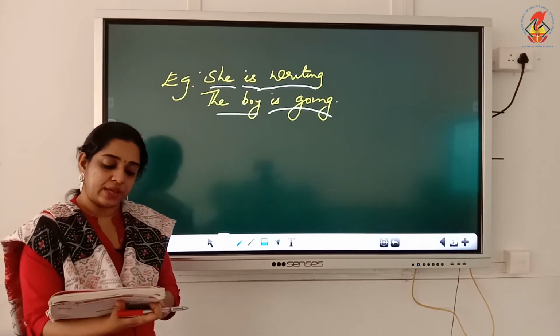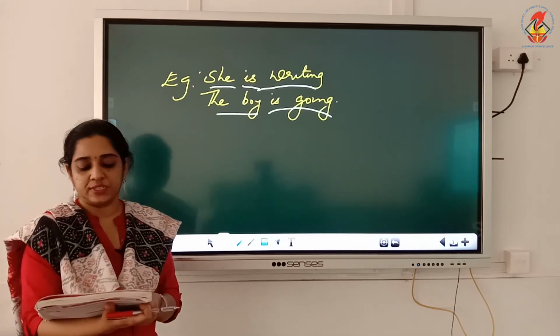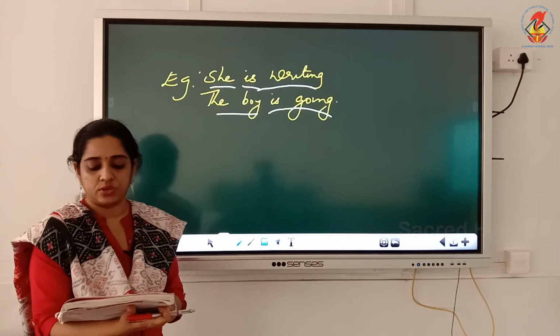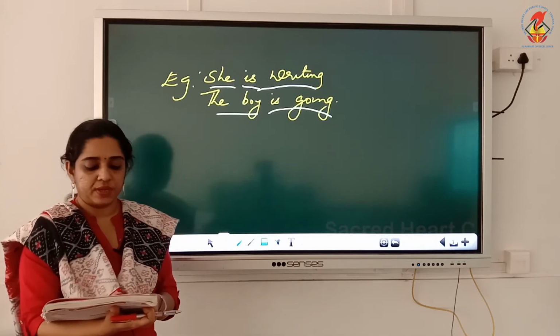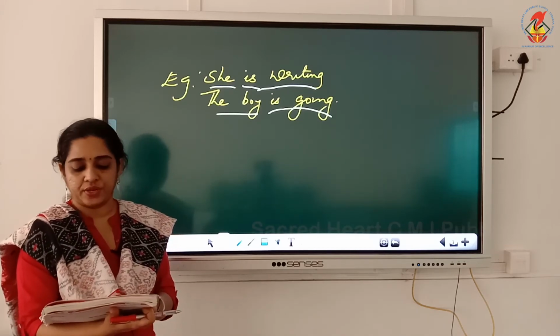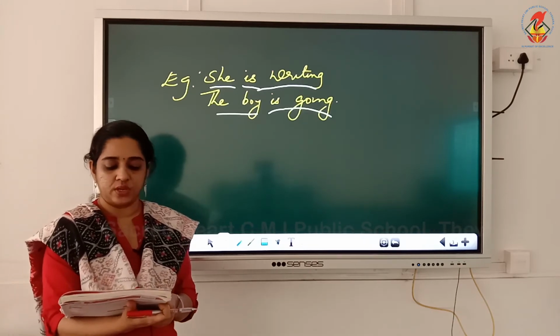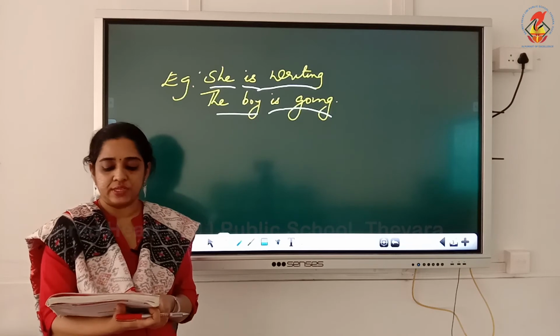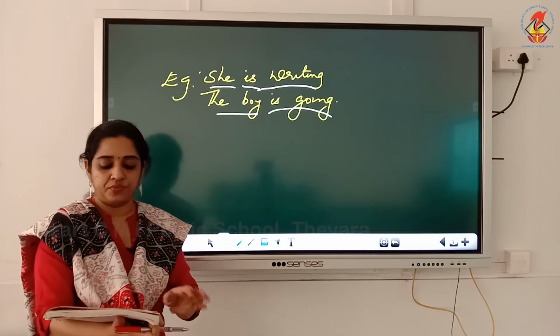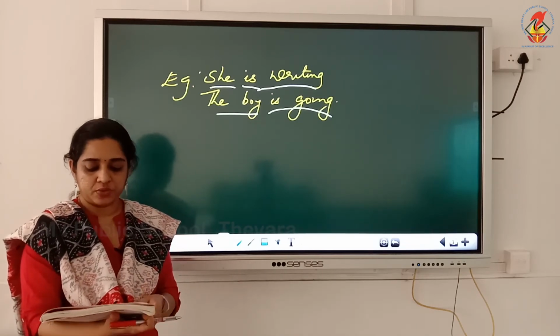Now, exercise H. Match the group of words given in column A with those in column B. Write them in the space given below. You will also find it interesting to combine one group of words in column A with different groups of words in column B to form meaningful sentences. So, whichever seems to be meaningful, you can take that. So, the first one I will just help you.